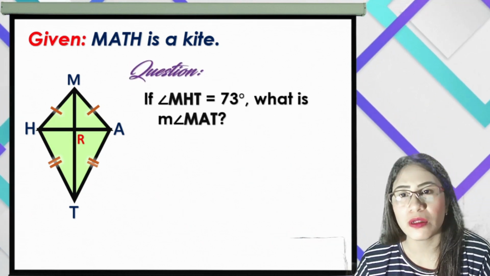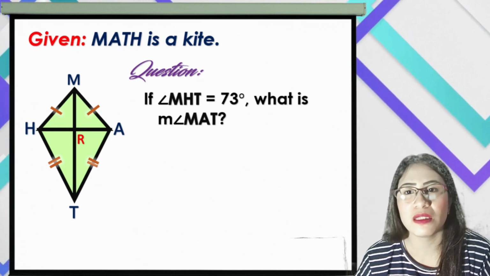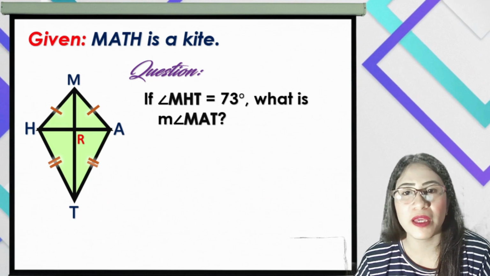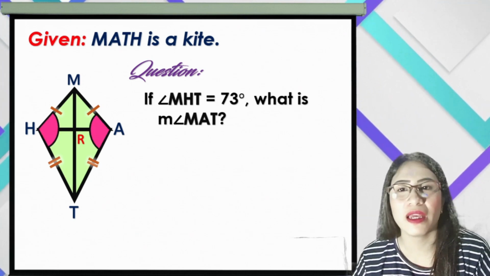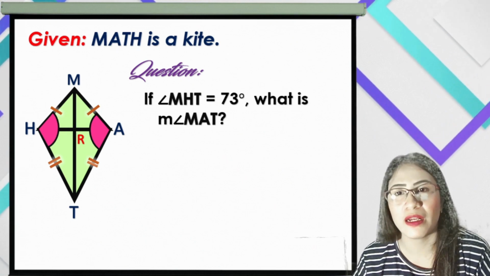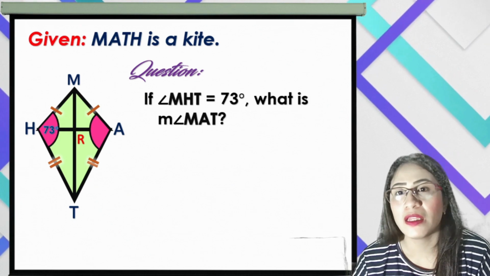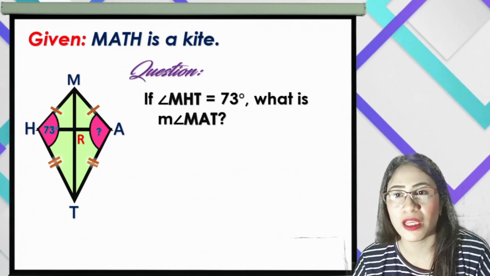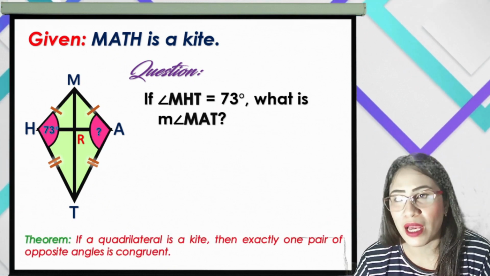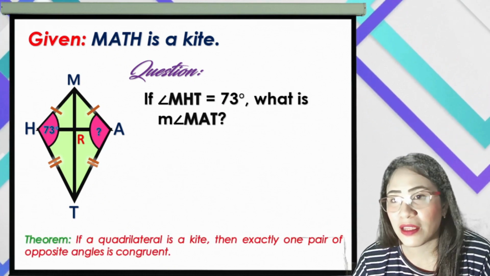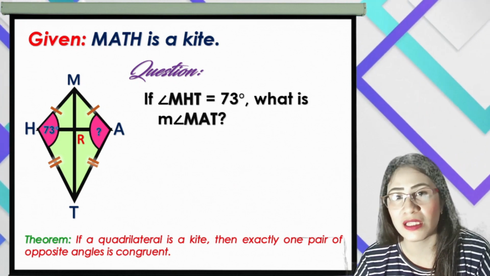Another question, if angle MHT is 73 degrees, what is the measurement of angle MAT? These are the angles, angle MHT and angle MAT. MHT is 73 degrees. What is the measurement of angle MAT? Our theorem here is if a quadrilateral is a kite, then exactly one pair of opposite angles is congruent.